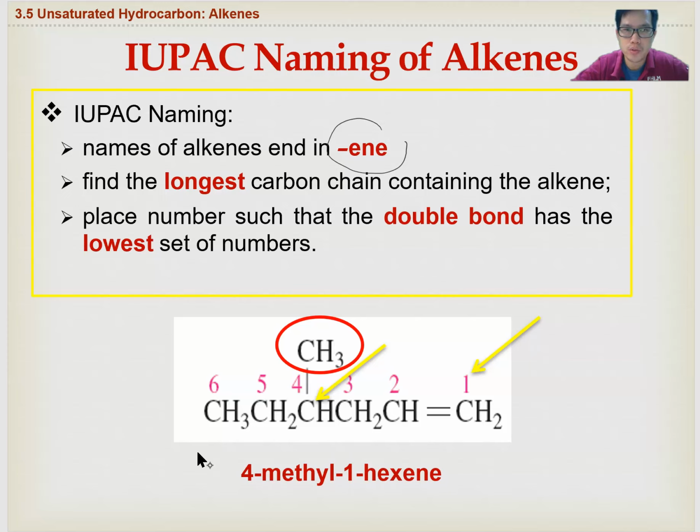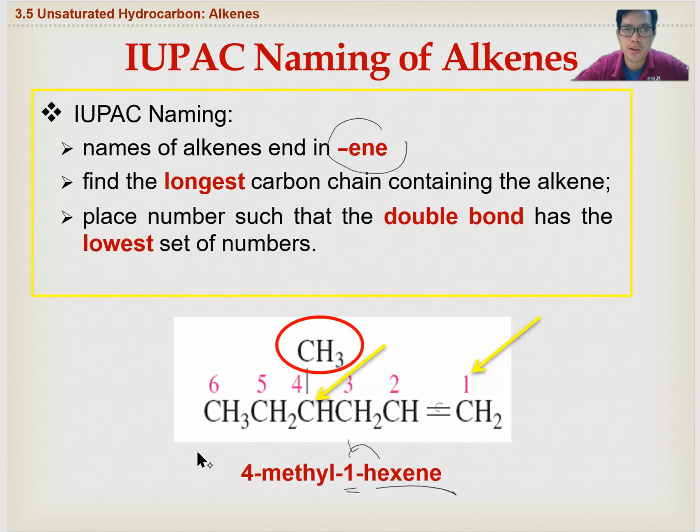So 1 2 3 4 5 6, 6 is hexene, with a double bond located at carbon number 1. The methyl group is at carbon number 4, so it's 4-methyl-1-hexene. Some people say you can write 4-methylhexene, that's fine as well.